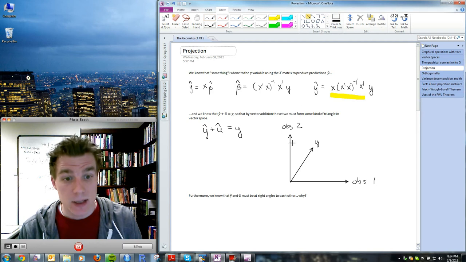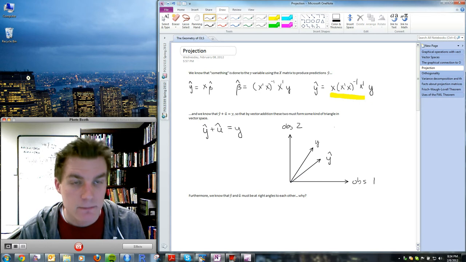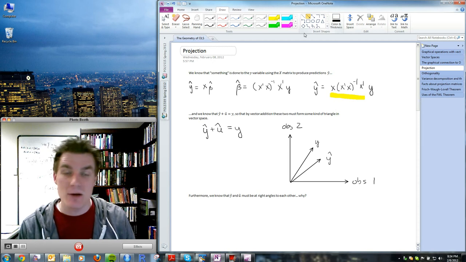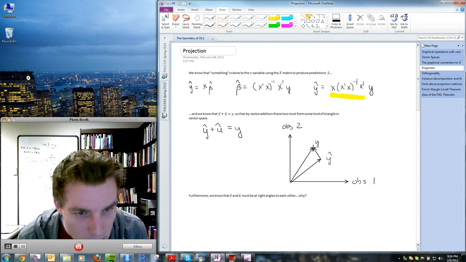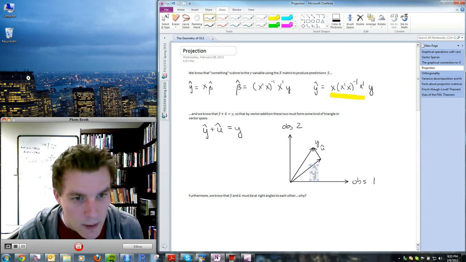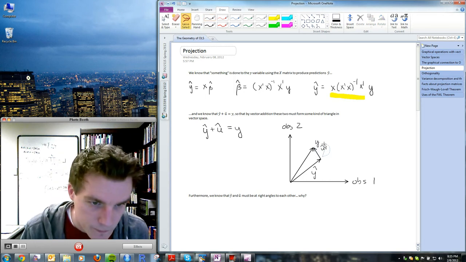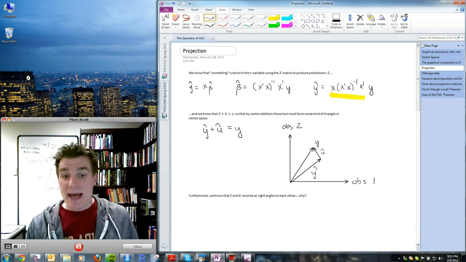So, for example, here's a prediction vector right here. This is going to be y hat. That's the variable corresponding to the predictions I generate out of an ordinary least squares regression. u hat is going to have to add up to y, so u hat is going to have to be that guy there. I'll move this guy down here. These two things have to add up to y.